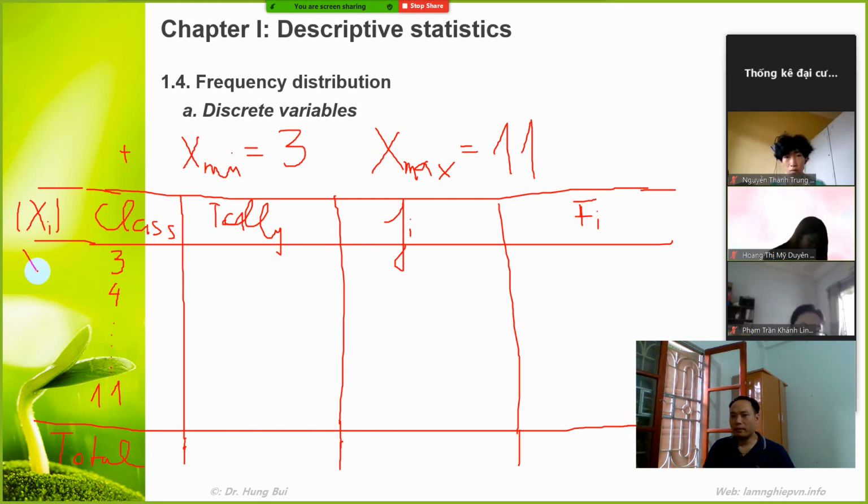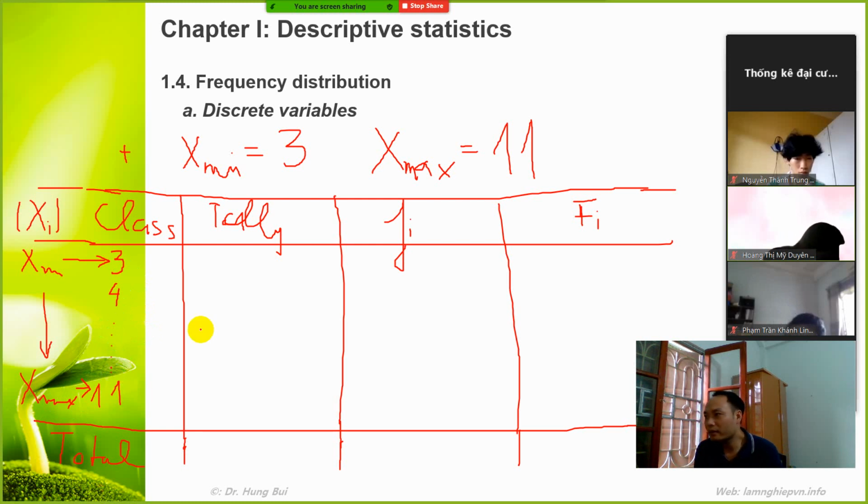Remember from x min to x max. Write down, guys. Here's the x max. So do not use dot dot dot like that. You have to use the numbers: 3, 4, 5, 6, 7, 8, 9, 10, 11. Okay? Do you finish? Hurry up.